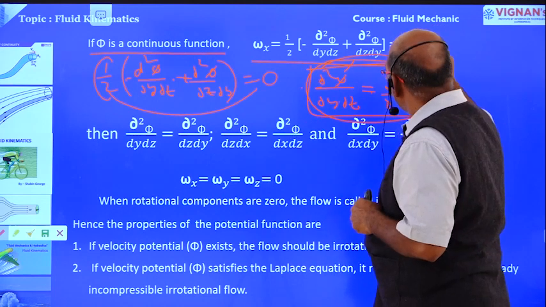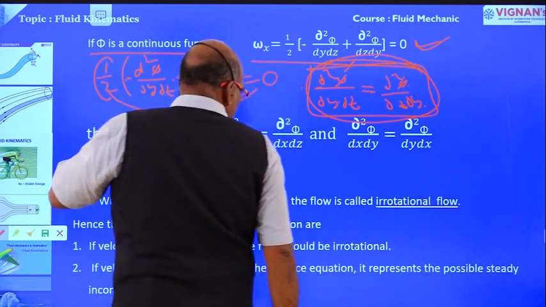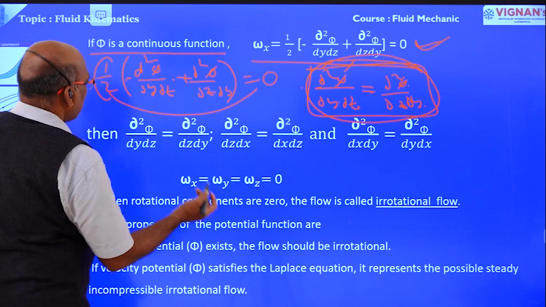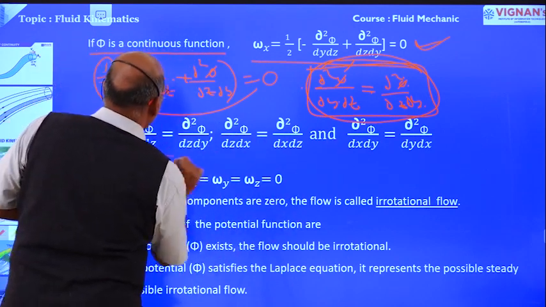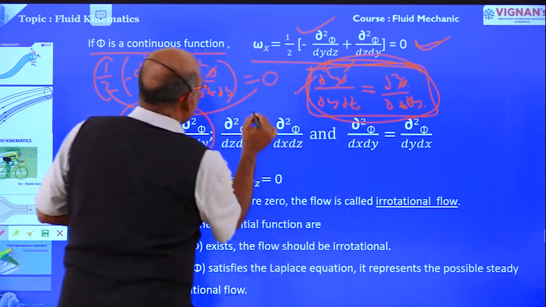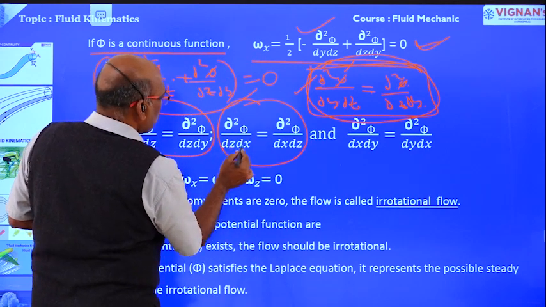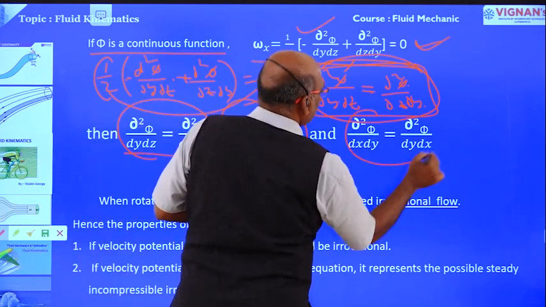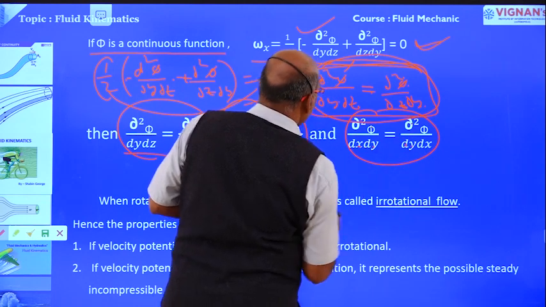This is the rotational component in the x direction. Similarly, in the y direction we have ∂²φ/∂z∂x equal to ∂²φ/∂x∂z, whereas in the z direction, ∂²φ/∂x∂y is equal to ∂²φ/∂y∂x.